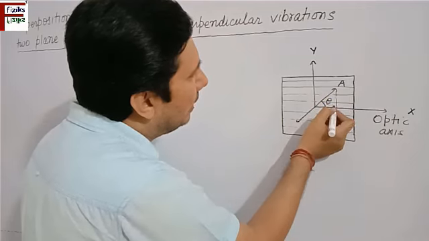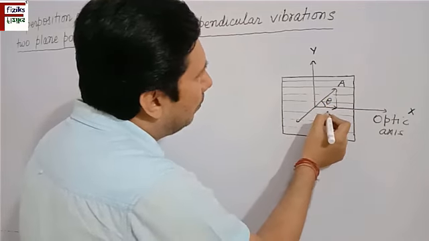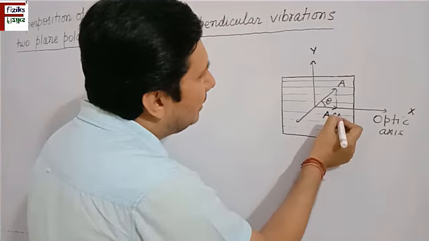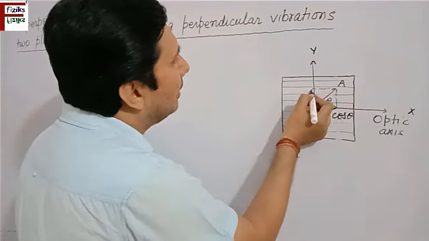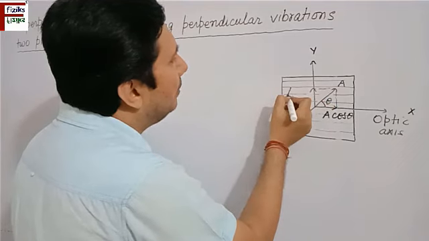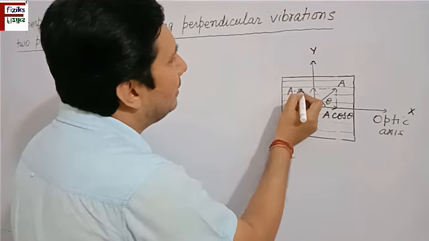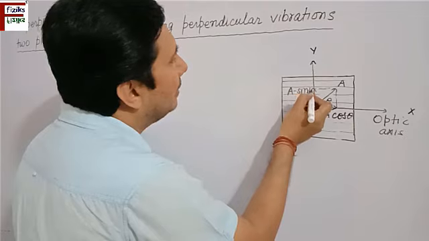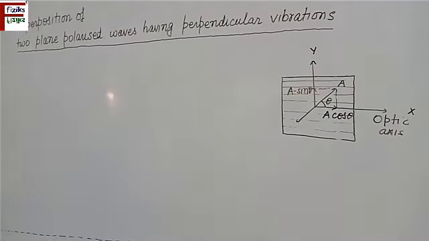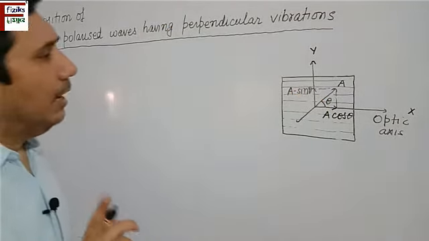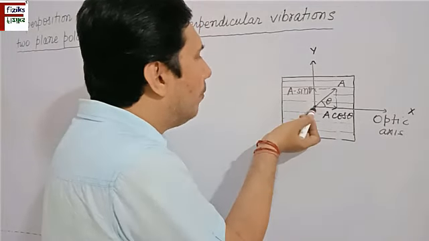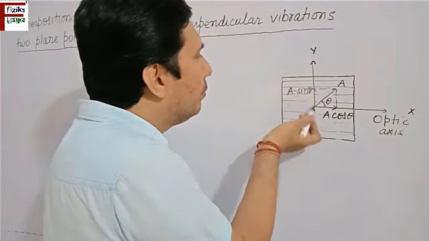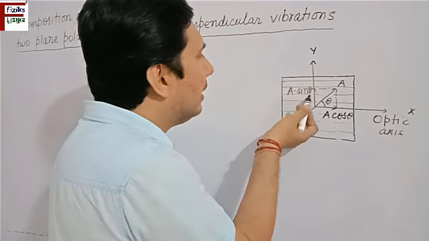Now we can resolve this amplitude into two components. Along the optic axis, its component will be A cos theta, and in the perpendicular direction, the component will be A sin theta. So the component parallel to the optic axis has the amplitude A cos theta, and the component perpendicular to the optic axis has amplitude A sin theta.